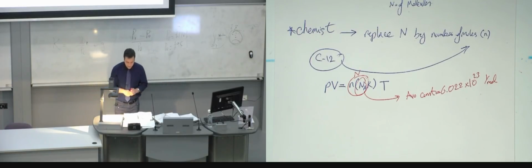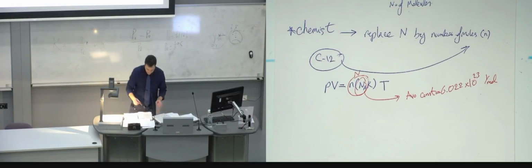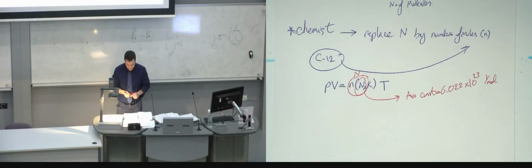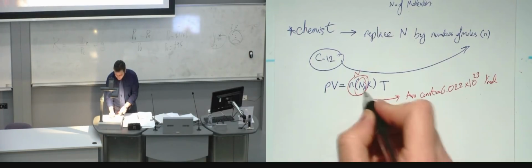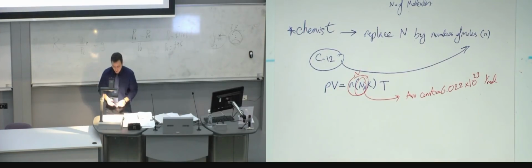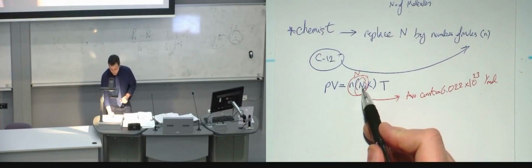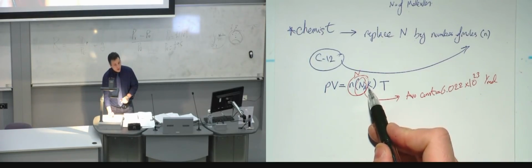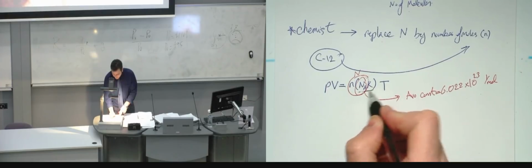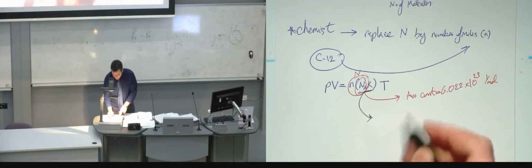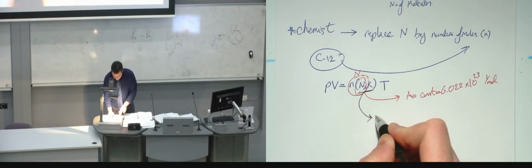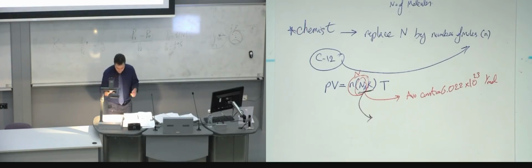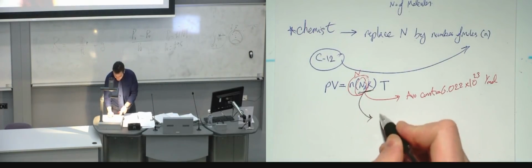Something which is a very critical step here is the new definition. If you multiply N_A by k, so you have this very large number multiplied by the Boltzmann constant, which was a very low number, and you multiply these two by each other, then you're going to end up with a very new or very useful parameter, which is the gas constant.